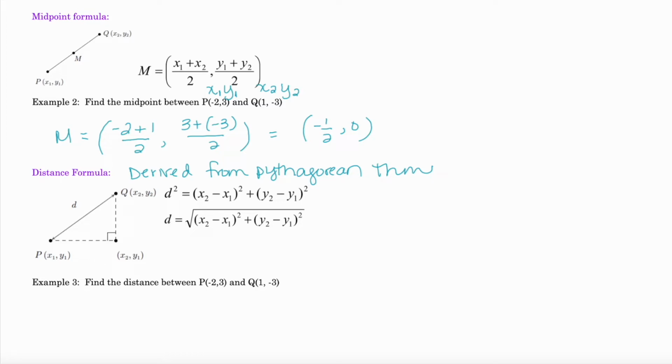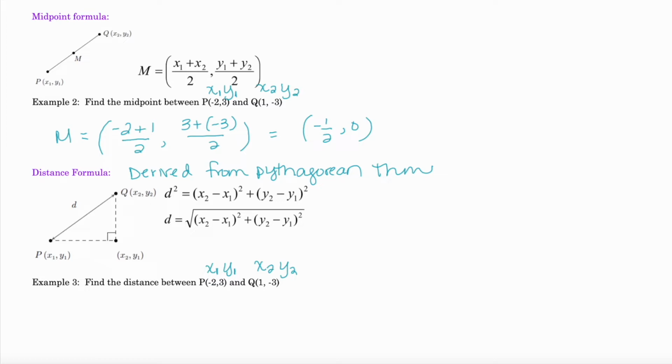We then can find the distance between these 2 points by taking the square root of the left and the right hand side. So if I have 2 points the same, (-2, 3) and the point (1, -3), we have x sub 1, y sub 1 for our first point, x sub 2, y sub 2 for our second point.